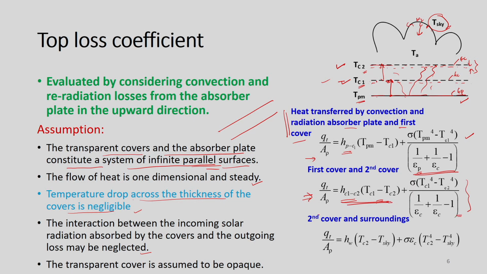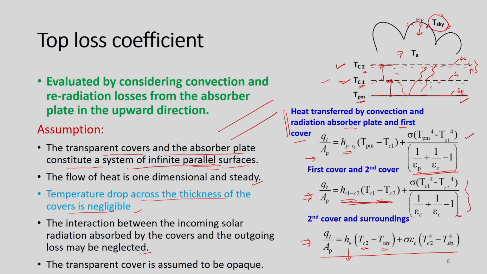And if we are interested to develop the equation for heat exchange between TC2 and ambient, then we have to use this expression. So, HW is the heat transfer coefficient when heat is exchanging from this glass cover to the ambient, and this TC2 is the temperature of the glass cover, then T sky is the sky temperature.